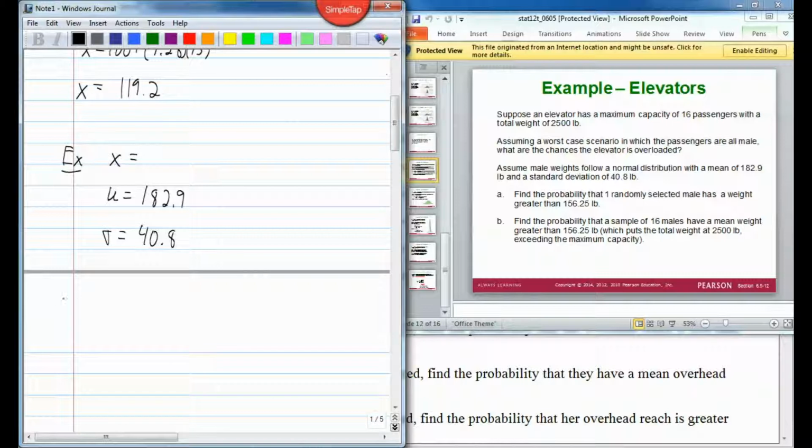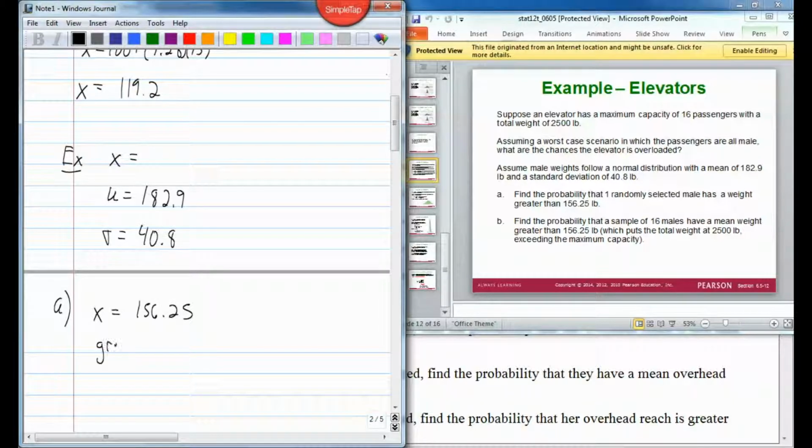Part A wants to know, find the probability that one randomly selected male has a weight greater than 156.25 pounds. So for part A, we're selecting one randomly selected, and we want to know the probability that the weight is greater than 156.25. So our x in part A is 156.25.